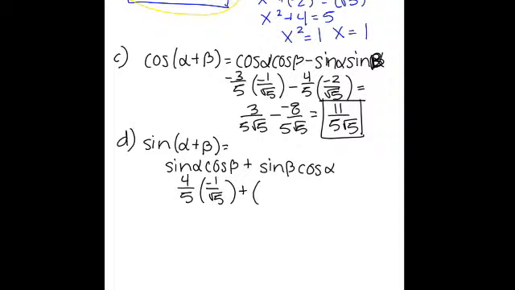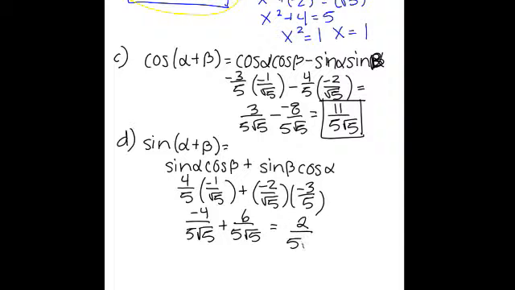Plus the sine of beta, which was negative 2 over rad 5. And the cosine of alpha, which is negative 3 over 5. Did I get any of those wrong? I think I put them in right, so we're good. So if I multiply, I get negative 4 over 5 rad 5 plus positive 6 over 5 rad 5, which gives you 2 over 5 rad 5. Okay, and nothing cancels out, so you are done.